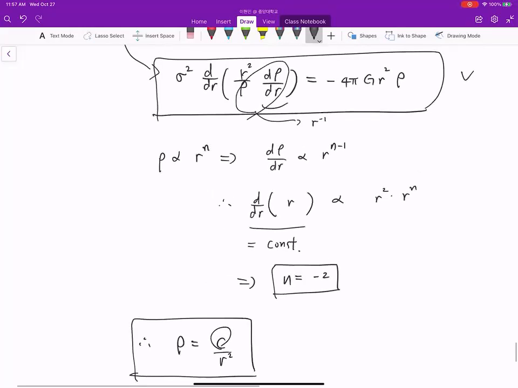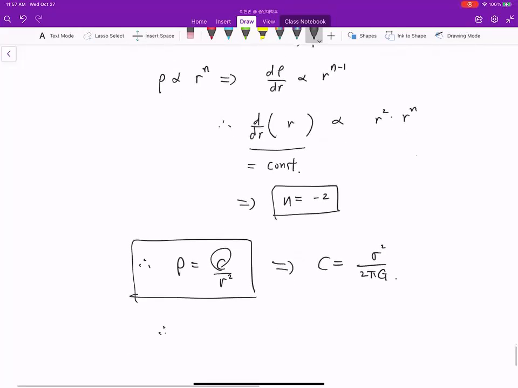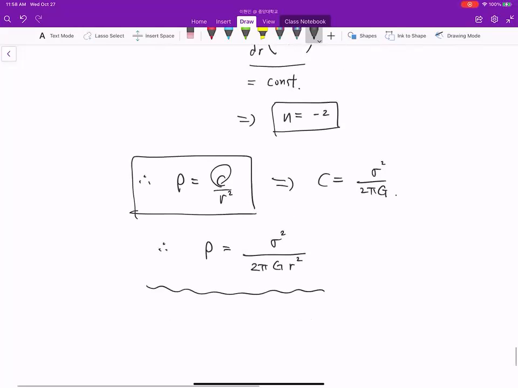So if you do the matching correctly on both sides, then c equals sigma square over 2 pi G. Therefore, you can conclude that you get this kind of profile. So the energy density is inversely proportional to r square. We call this the isothermal profile.